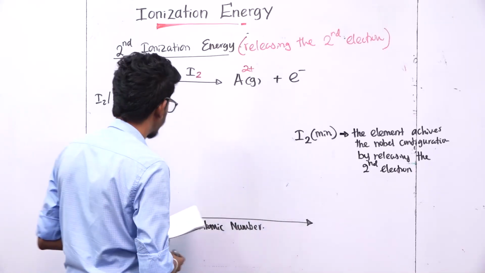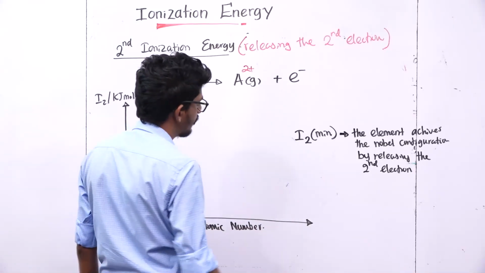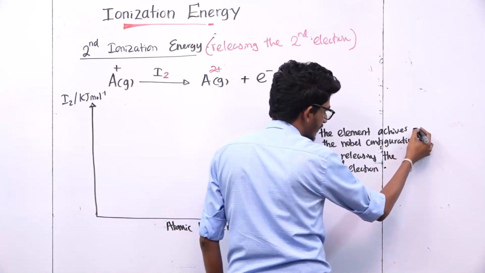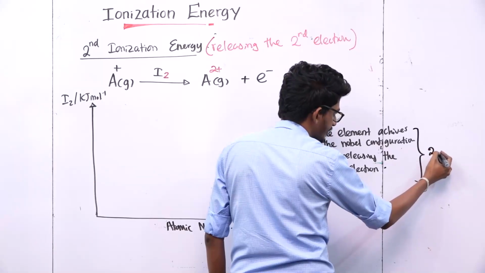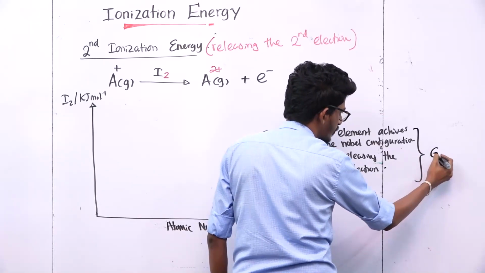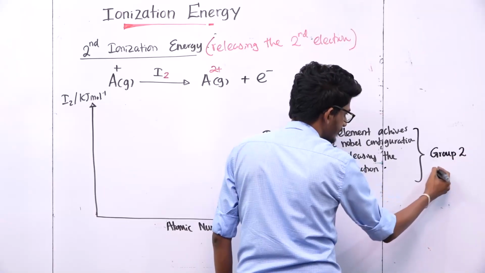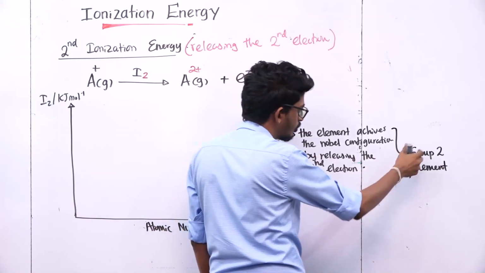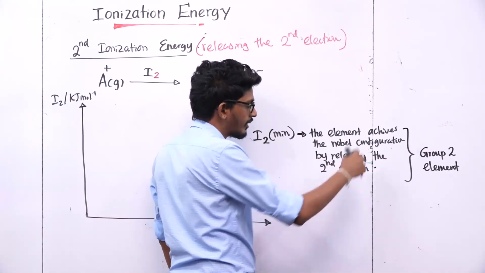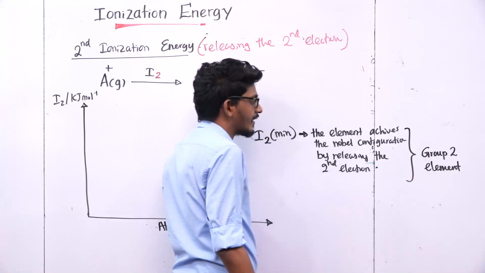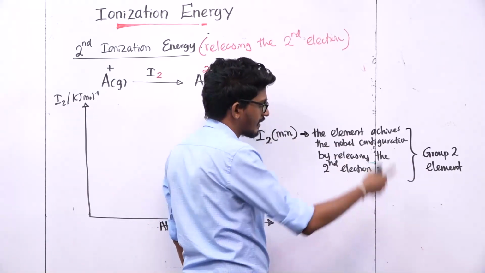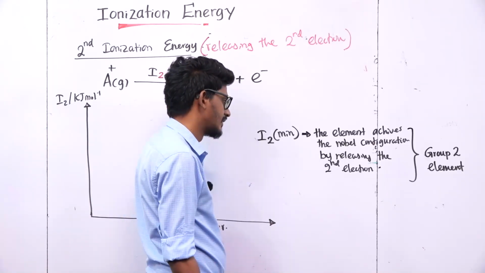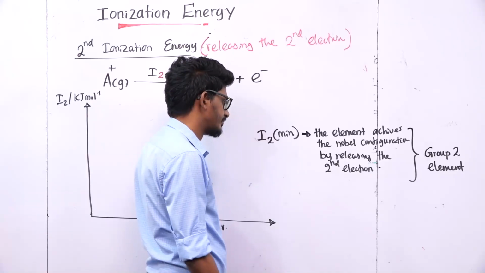That is a group 2 element. The group 2 elements have 2 electrons in their valence shell, so releasing 2 electrons means you are coming up with the noble gas configuration of the earlier shell. So that is the idea.